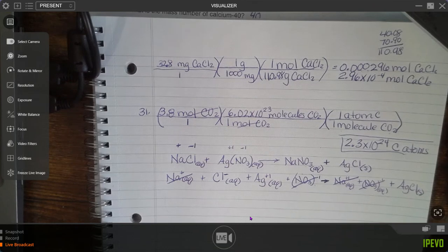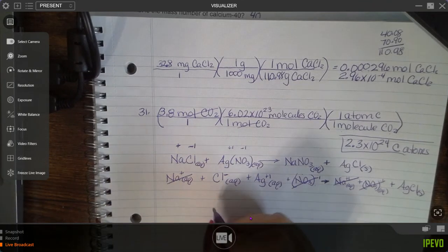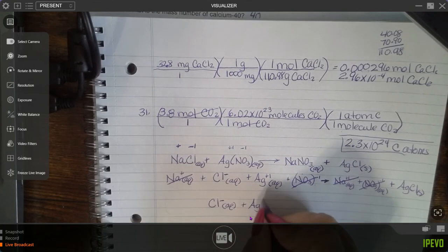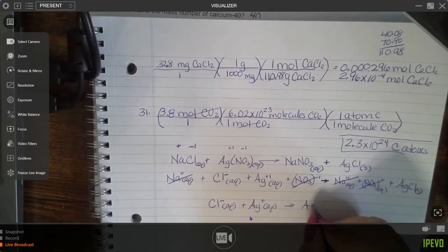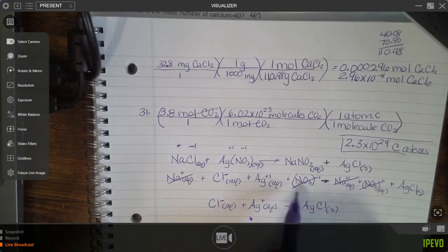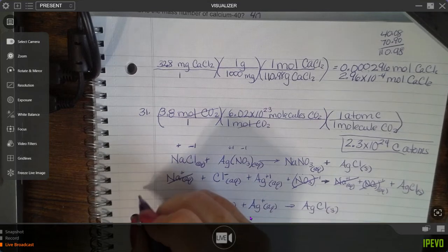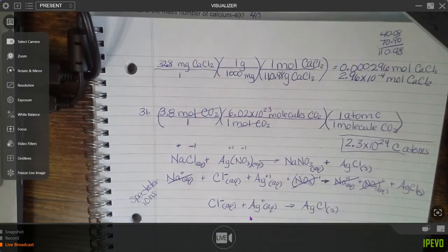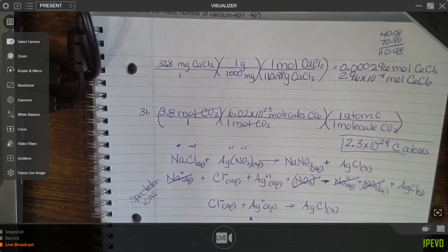Okay, so if we rewrite this equation, it turns out that we have chlorine aqueous plus silver aqueous combines to produce AgCl solid. Okay, those ions that we crossed out, we call spectator ions. And they're spectator ions because they don't participate in the reaction. Okay, so that term fits nicely.